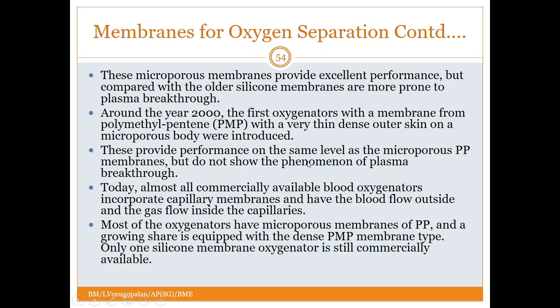This would not only reduce the size of the device, but it would also result in effective gas interchange. So most oxygenators have a microporous membrane of polypropylene, and many of them have a dense PMP membrane as well.